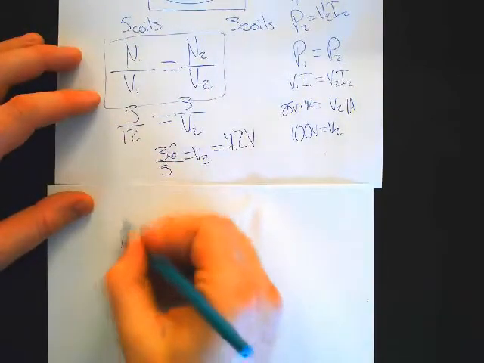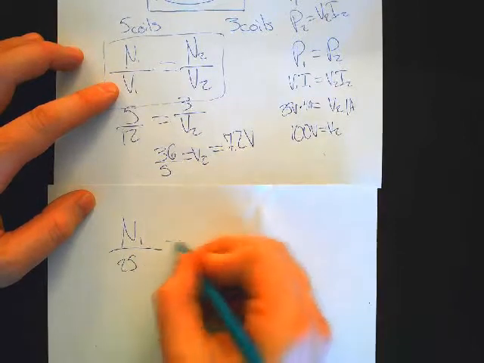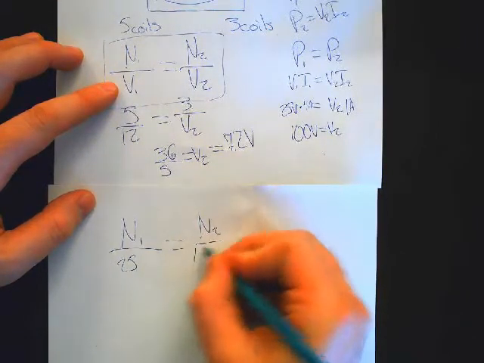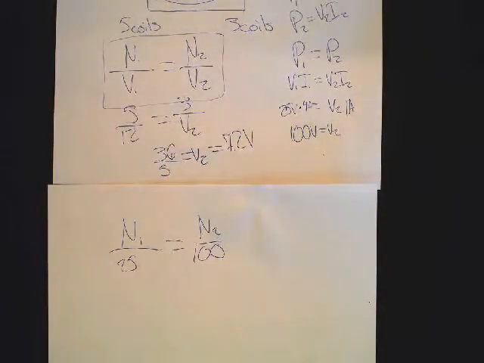We now know that N1 divided by V1 is N1 over 25, and this is N2 over 100. So what's your coil turn ratio going to be? I'm not looking for the exact number of coils that one side or the other has. I'm looking for the ratio between the two. 1 to 4.